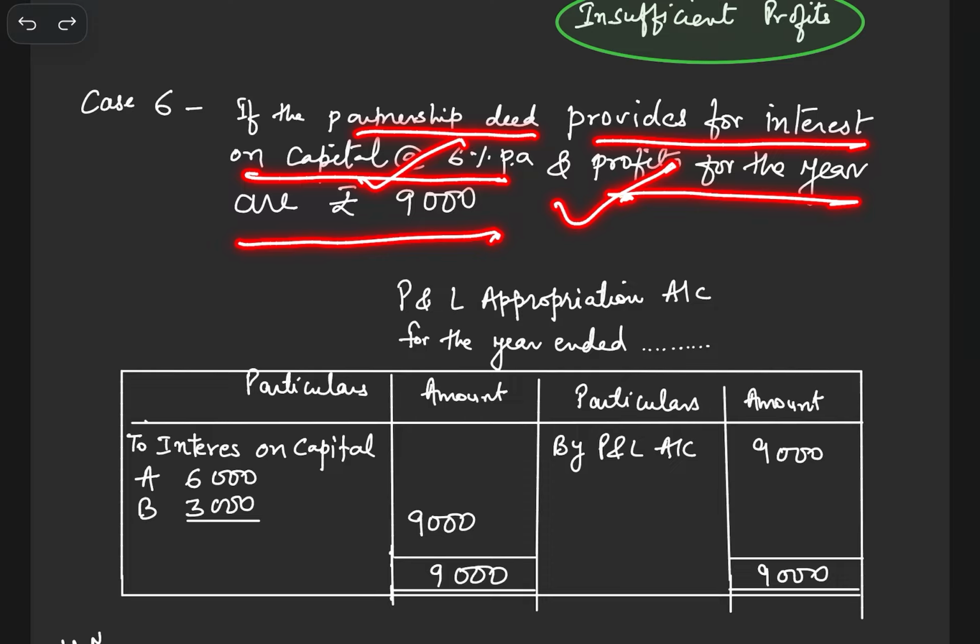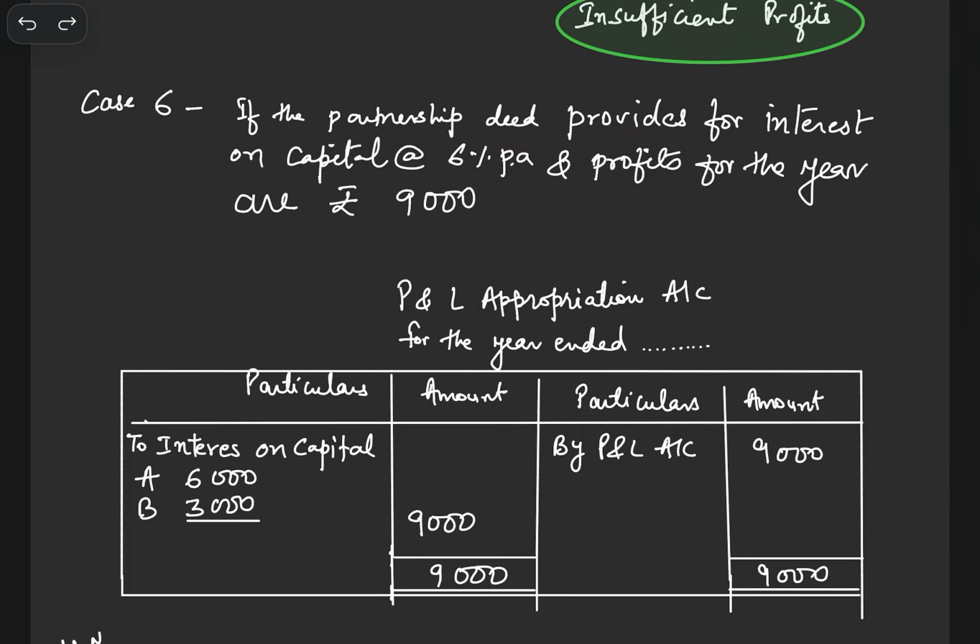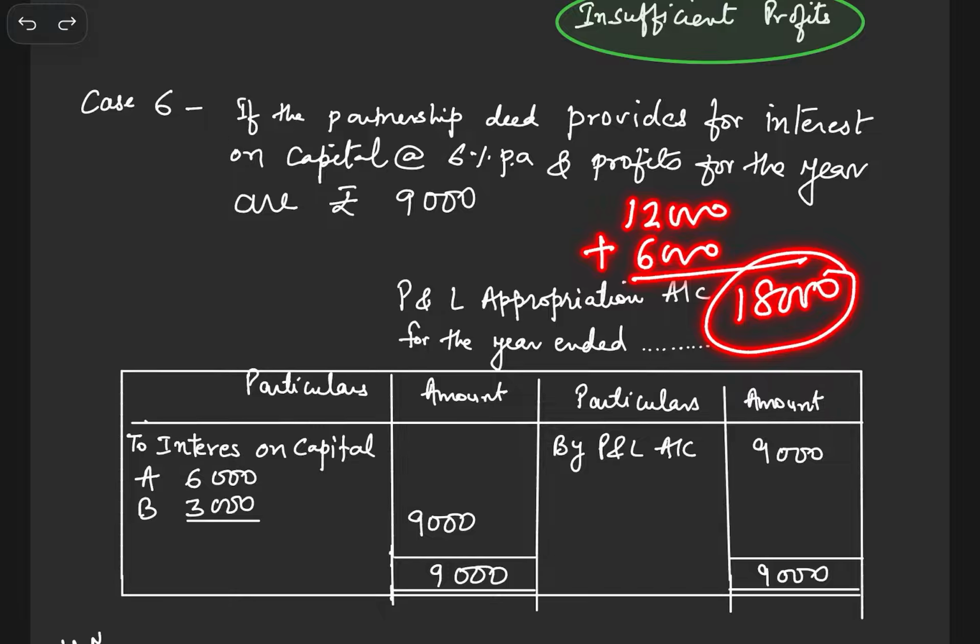But we have to see that as we have done various cases, we have understood that the interest on capital is rupees 12,000 plus 6,000 for both the partners, that is 18,000. But in this case, we are not having the profit of 18,000. We have the profits of only 9,000. That is, this is being classified as insufficient profits.